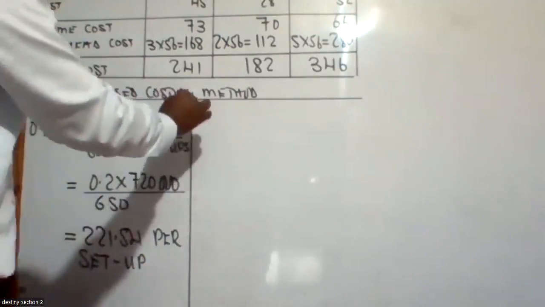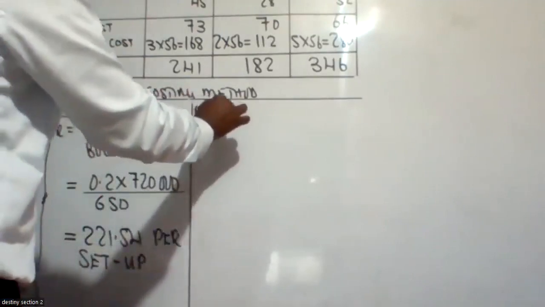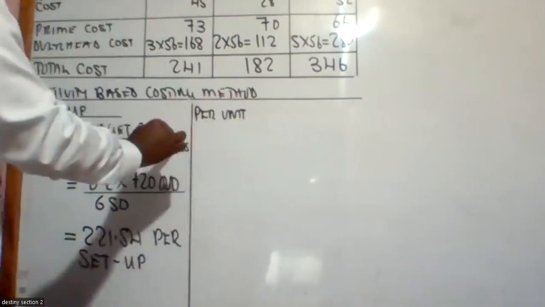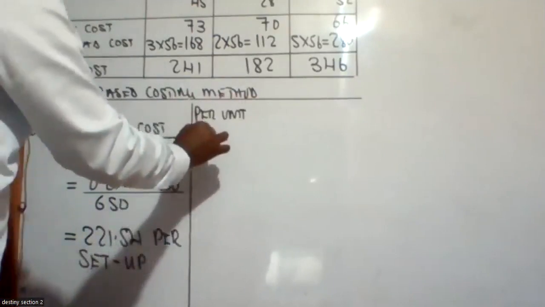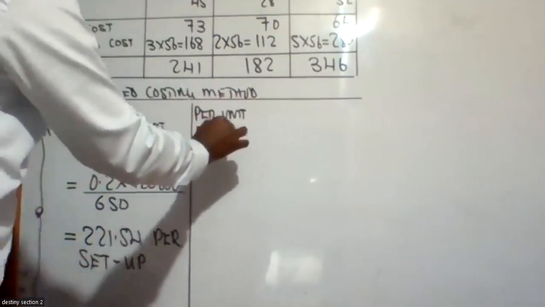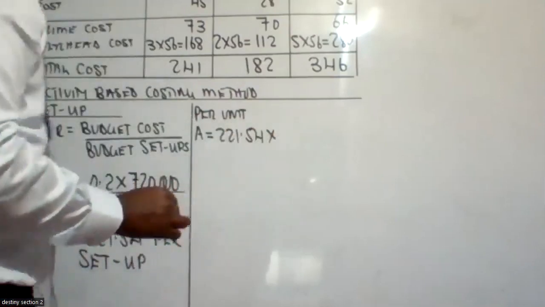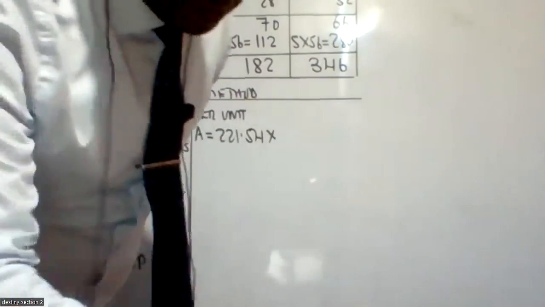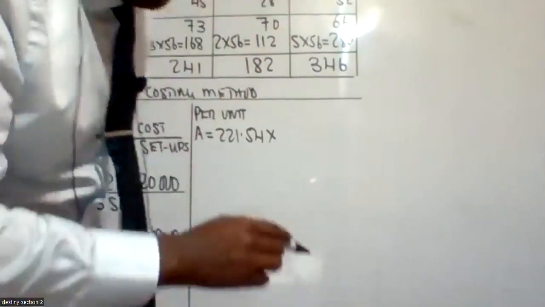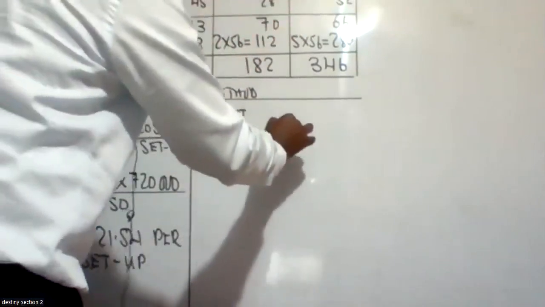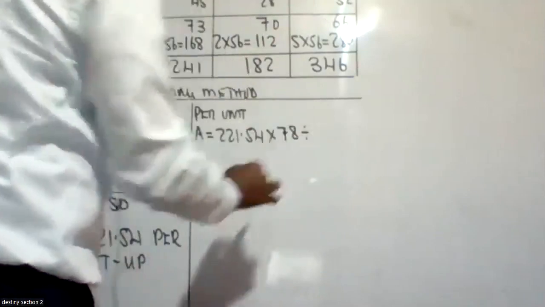Now we come here and say per unit. Let's start with product A. Product A will take 221.54 times the number of setups. Looking at the question, there are 78 setups. You divide by the number of units.